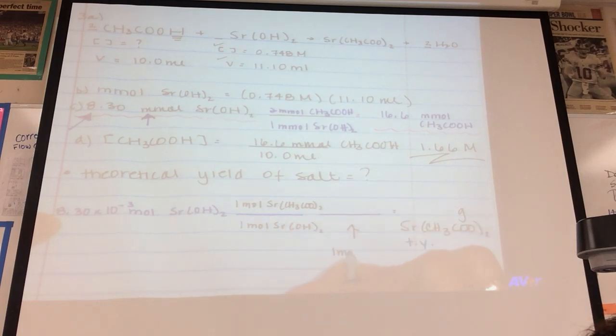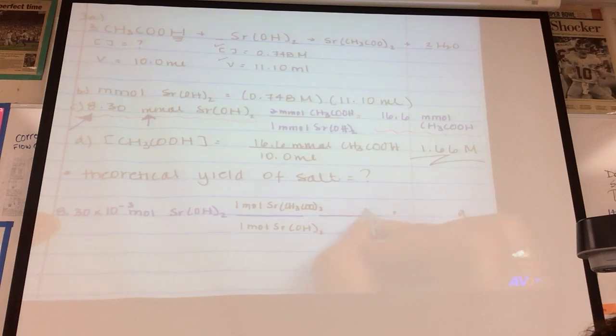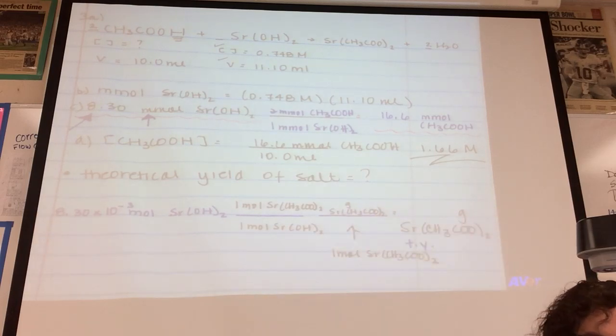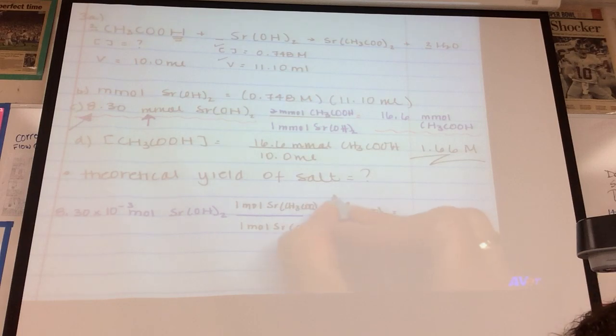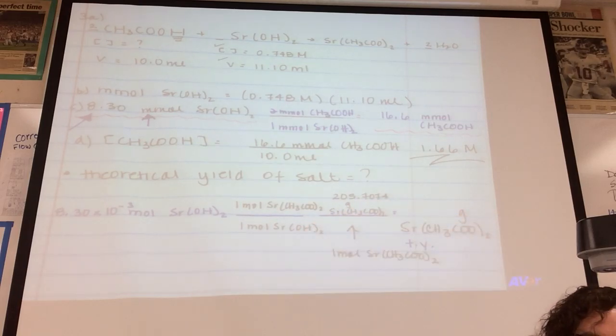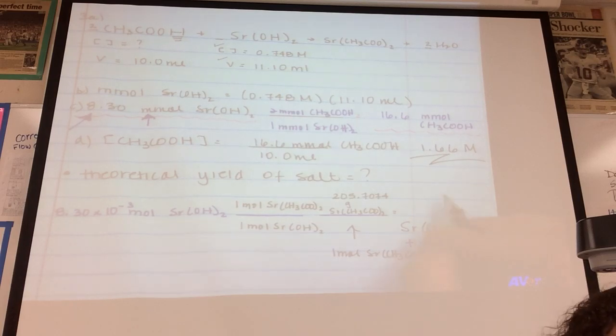And for every 1 mole of salt, you can get grams from the periodic table. So formula mass 205.7074. And that's 1.71.